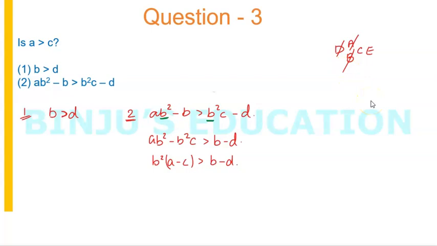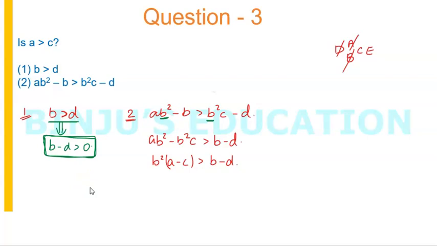Now let's combine the two statements. The first statement says that B is greater than D, which means can I draw a conclusion from here that B minus D will be greater than 0? Basically what I have done is subtract D on both the sides.